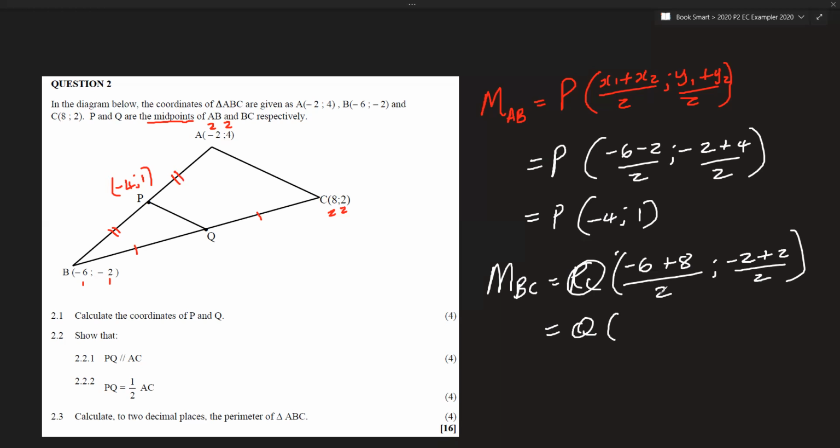Then for Q, this gives me 2 over 2, which is 1. This gives me 0 over 2, which is 0. Therefore, the coordinates of Q are 1 and 0. Perfect. And then you're done with that question.